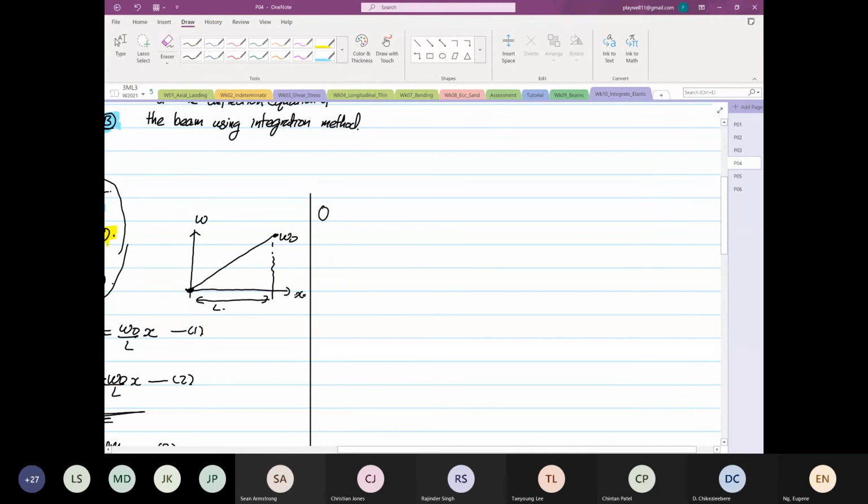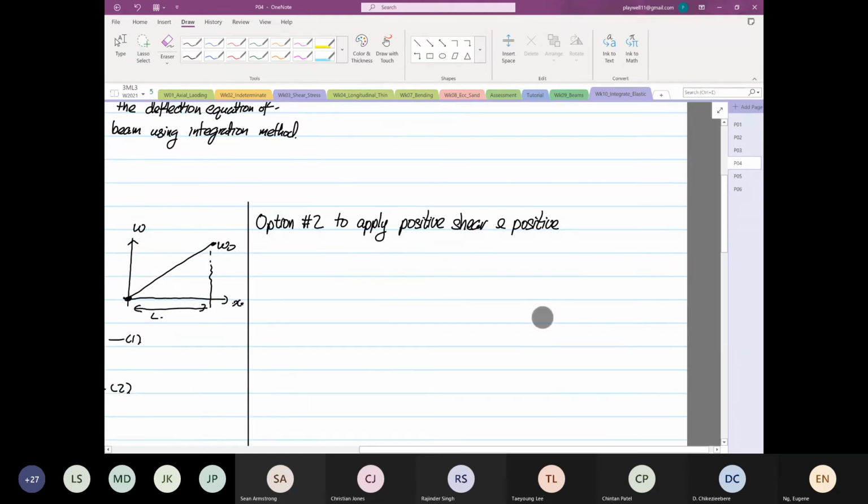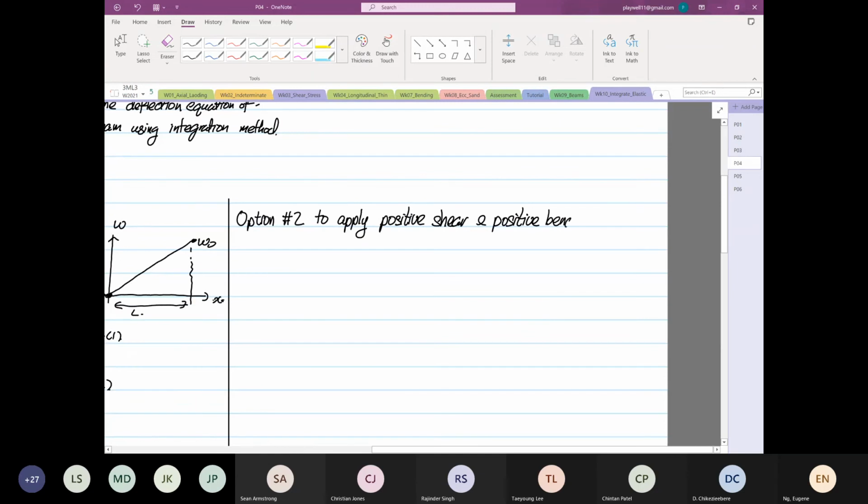Option 2: I'm going to show you option number 2, to apply positive shear and positive bending moment to find the moment equation.